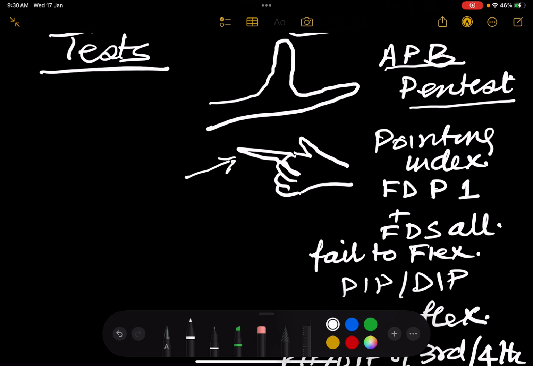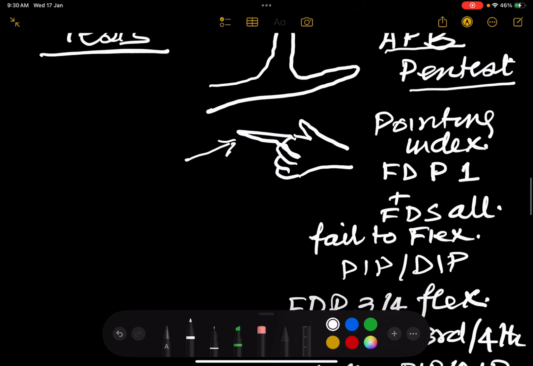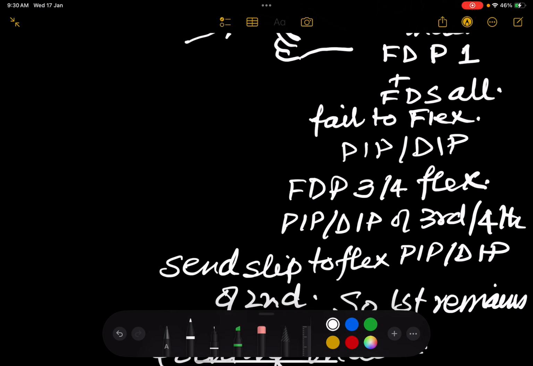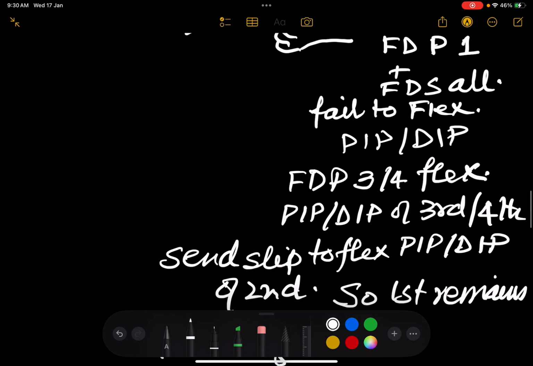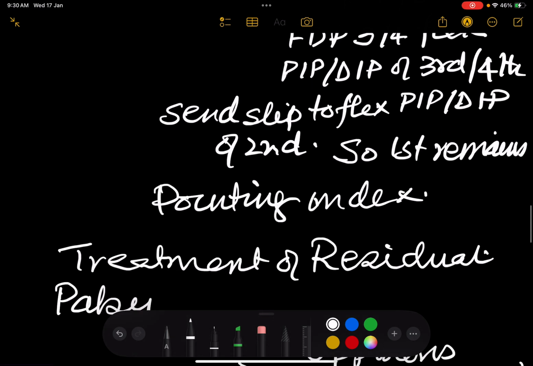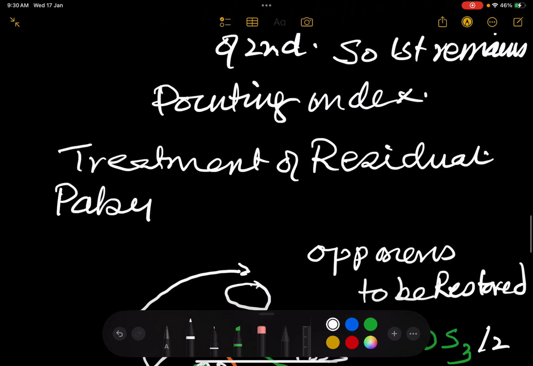The second FDP gets a slip from the third and fourth, which are supplied by the ulnar nerve, and therefore even the second finger can flex, and only there is a pointing index which indicates the paralysis of the median nerve, which is a high paralysis. The low paralysis, the pen test, abductor pollicis brevis; high paralysis, the pointing index, besides the sensory loss.